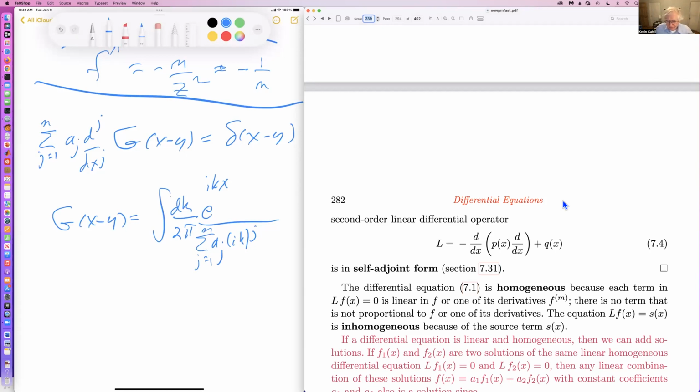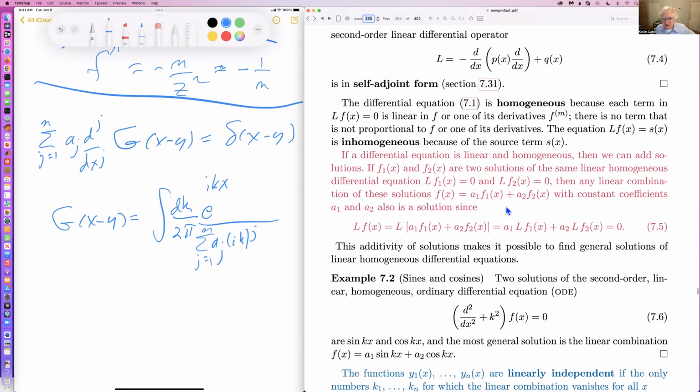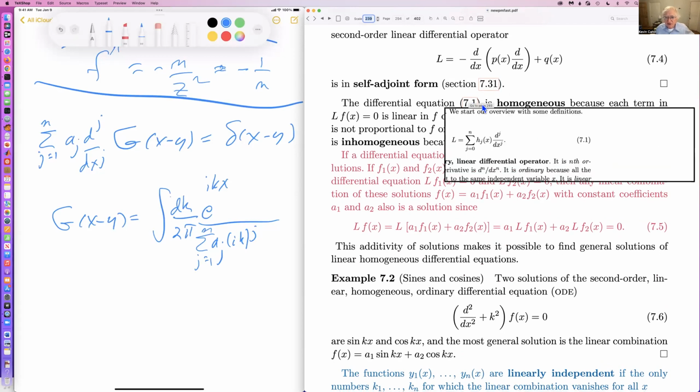And then once it's in that form, it's in a form that's particularly nice for proving things. So it's nice to know what the self-adjoint form is of a particular differential operator that you're dealing with.